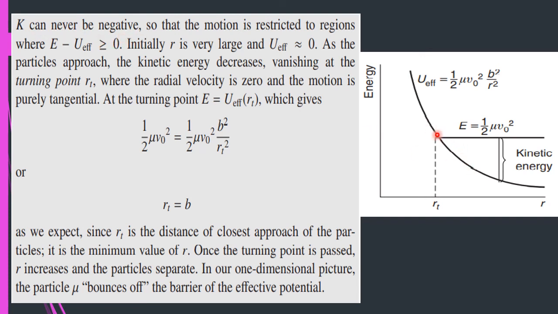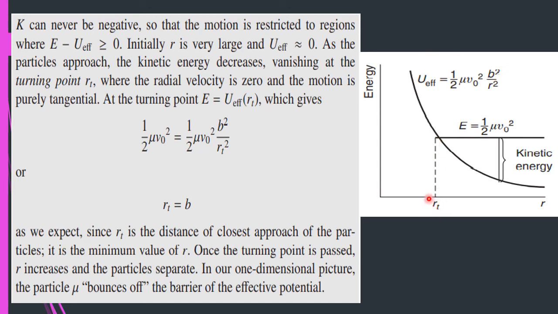So our condition for kinetic energy is that E minus U effective is greater than or equal to 0. So initially when the two particles are at infinite distance and r is very large, U effective is approximately 0. Now when the particles approach each other, kinetic energy decreases and it vanishes at this point.